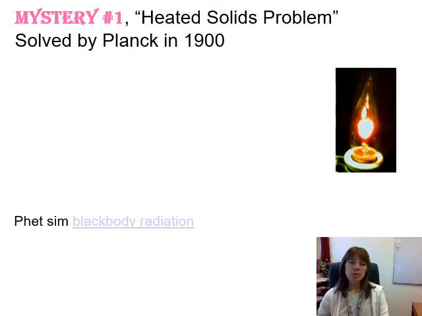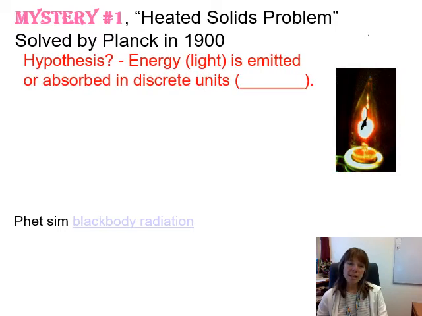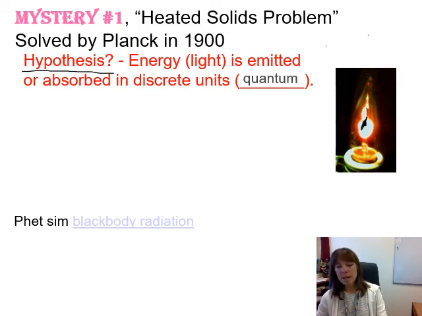So let's continue on with this mystery number one, which is these heated solids. And here I have this little GIF of a light bulb, and that light bulb is flickering like a candle. But there's a tungsten filament, or some sort of filament in here that's being heated. So what Planck did was look at all that data, and his hypothesis was that energy is emitted or absorbed in discrete quanta. And there must be some sort of fundamental constant that describes that level of particleness of light.